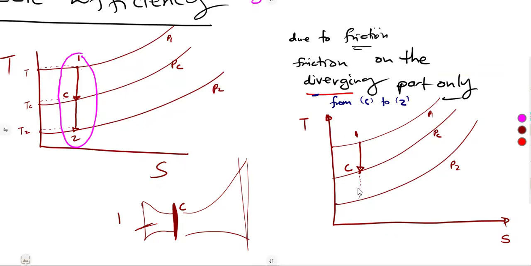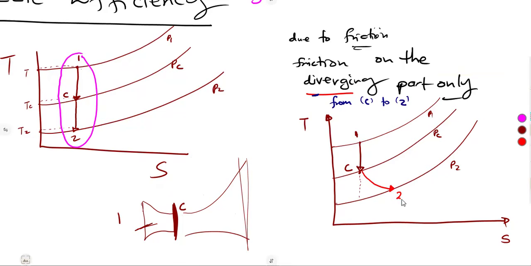It is affected because of the friction. So the diverging part here is going to have our 2 at another value, not where it was supposed to be. 2 is not going to be where it is. 2 is affected. So we are going to notice our 2 having this condition like this.